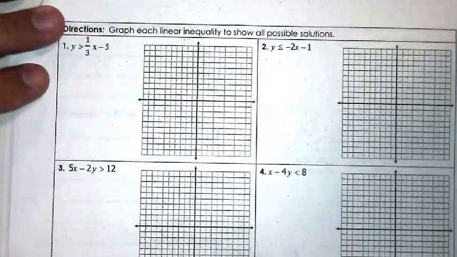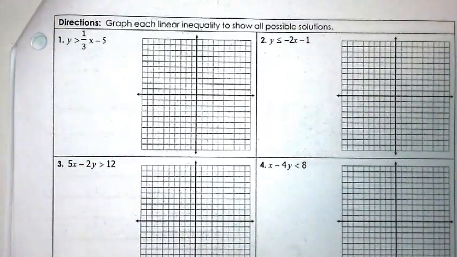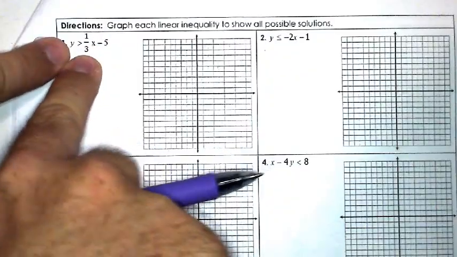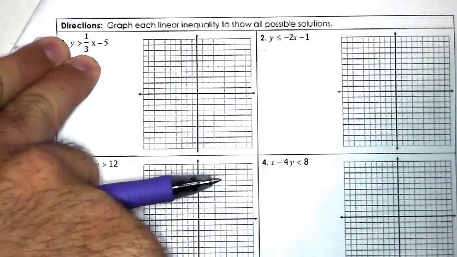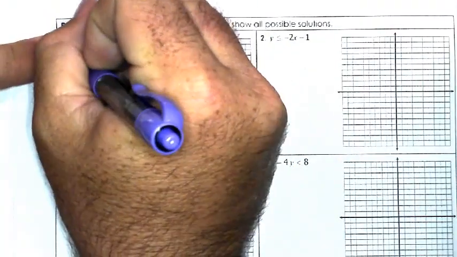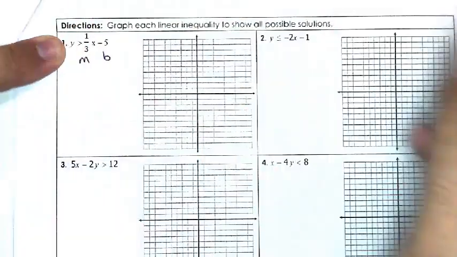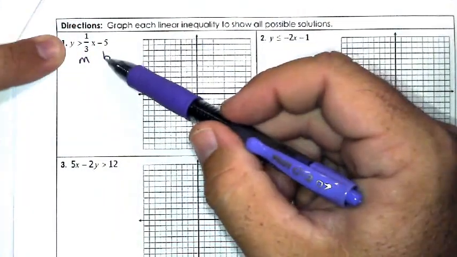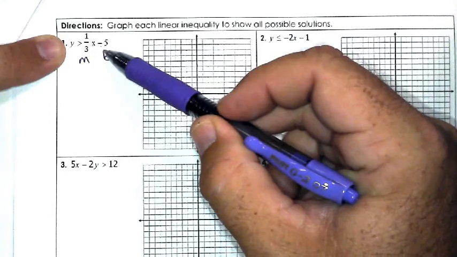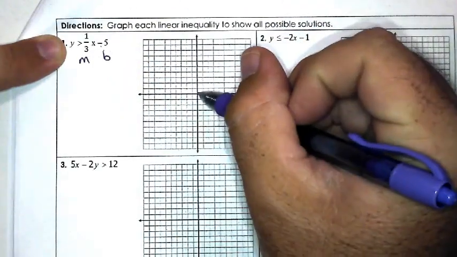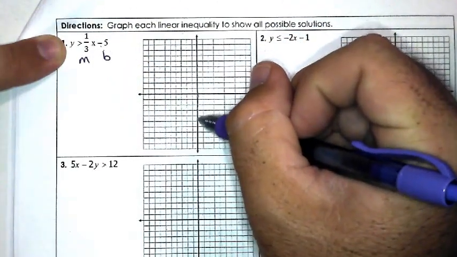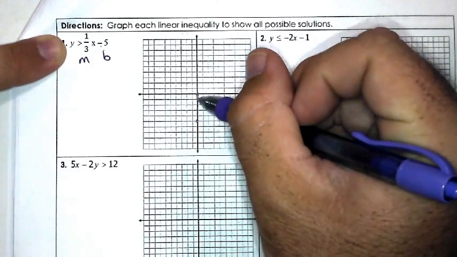Step number 1 when graphing linear inequalities is to make them into what form? Is that already in slope-intercept form? Yes. So I have my B and I have my M. My B is where? So I go to -5.